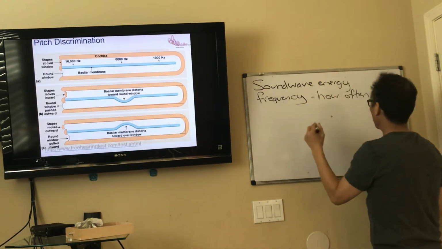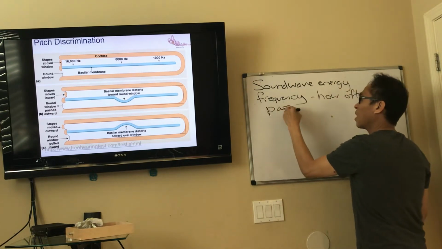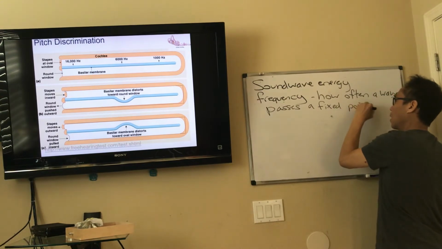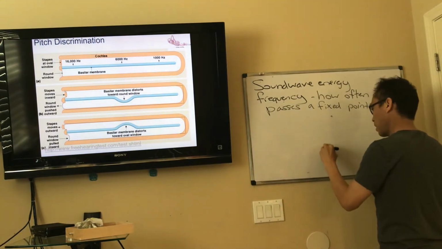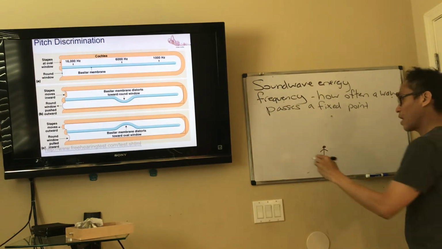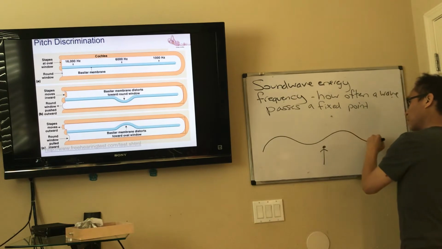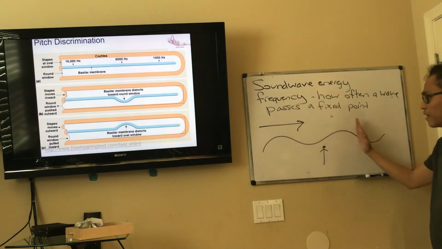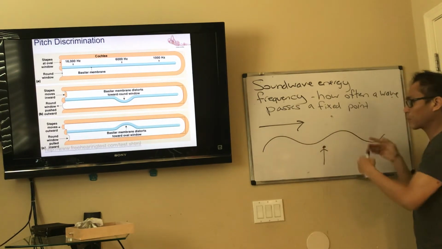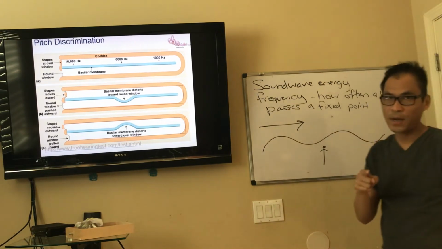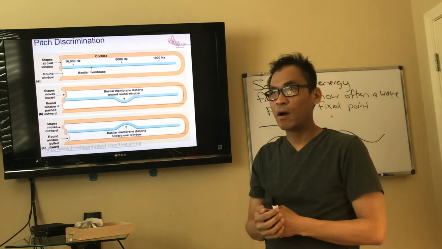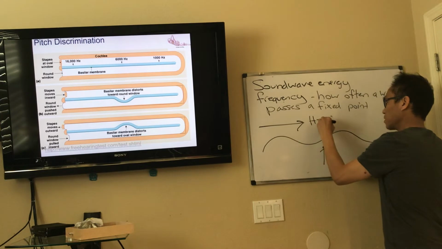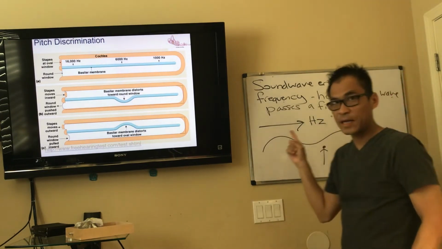So how often a sound wave passes a fixed point. Let's say that's the point. And if you have low sound wave energy traveling in that direction, you have less frequency because the waves are longer. It's going to take longer for a wave to pass a fixed point. And so we call it frequency. We measure in hertz. I usually just abbreviate hertz as Hz. That's how many waves per second pass.